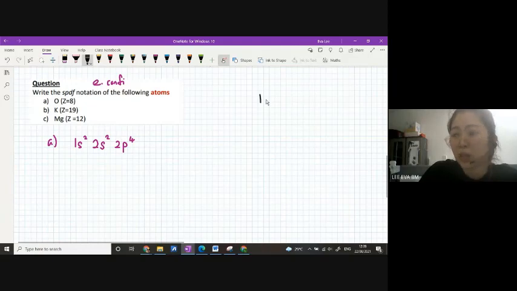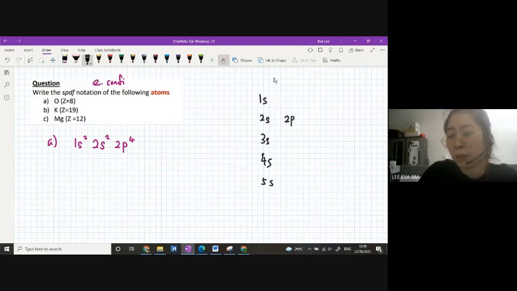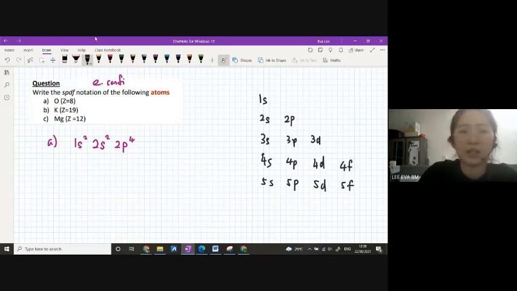I do it from scratch and I want everybody to take notes. 1s, 2s, 3s, 4s, 5s. Then start with p: we start with 2p because we don't have 1p. So 2p, 3p, 4p, 5p. Then we have d orbital, starting from 3d because we don't have 2d. So 3d, 4d, 5d. Then 4f, 5f, and so on.